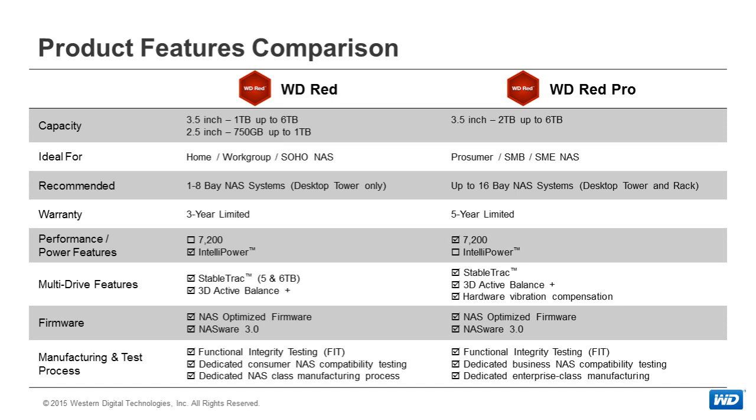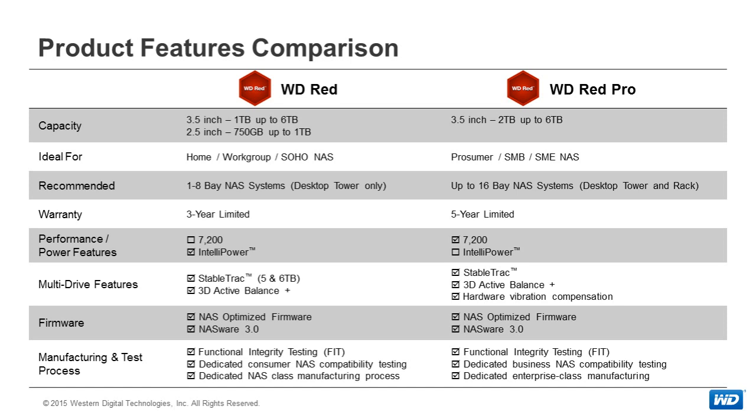And that also ties into our 3D Active Balance. And then on the Red Pro, we have both of those technologies, StableTrack and 3D Active Balance. But we've also added the hardware vibration sensors to help compensate for the drive-to-drive vibration as well as the fan and system vibration. From a firmware point of view, they both are utilizing NAS optimized firmware and NASware 3.0.